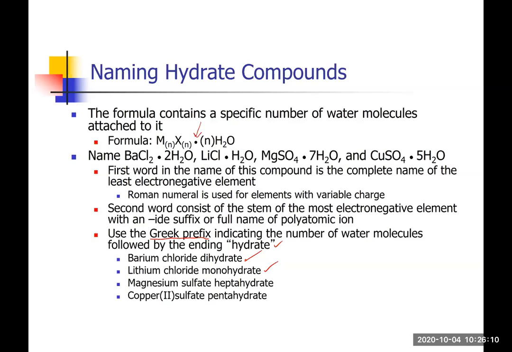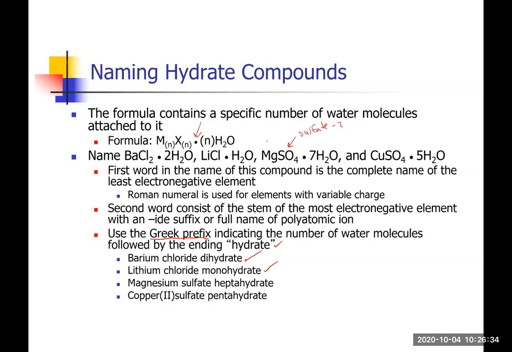Let's look at MgSO4, 7H2O. Now we know right away that we still have a representative metal. So magnesium is not a transition metal, it's an alkaline earth metal. Sulfate, we know the name of because we memorized it. And sulfate has a -2 charge associated with it.